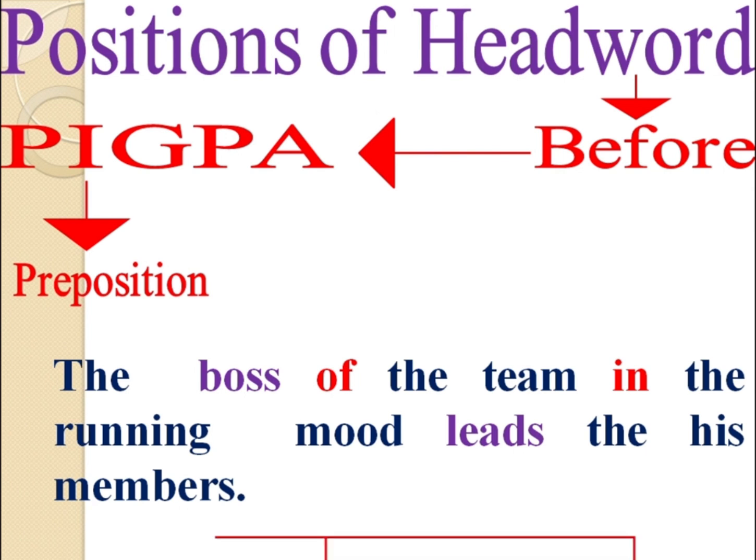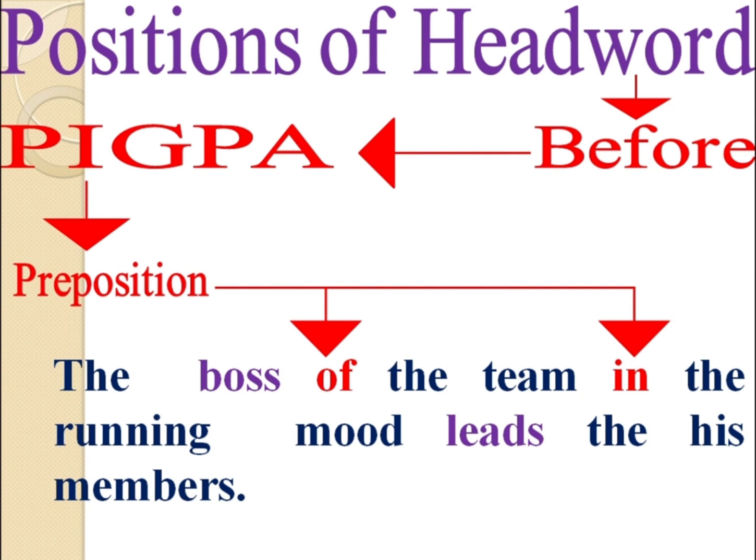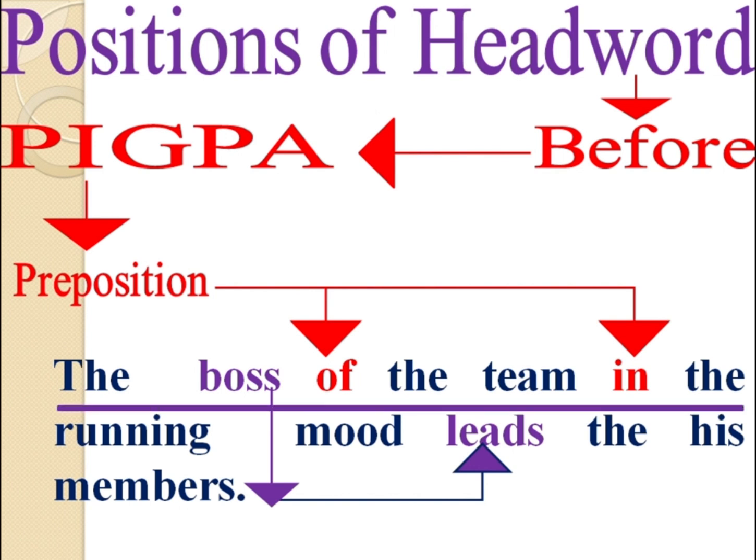Here you see two prepositions, of and in, and of is the first preposition and in is the second one. Before the first preposition of, the boss is the headword that follows the verb lists. As the boss is singular, the verb is also singular, which is lists. And the complete subject is here: the boss of the team in the running mood.